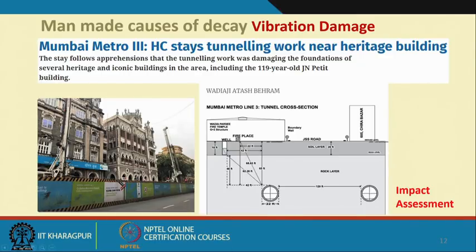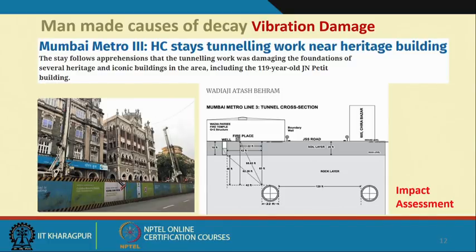One has to see the proper section, what the foundation is, and what type of precaution should be taken. So there should be a proper impact assessment to see where the tunneling is happening, where the foundation of the structure is, and what the likely impact of that digging is. And not only during the initial construction, one has to remember that there will be regular vibration when the metro starts working there, and that can cause further damage.